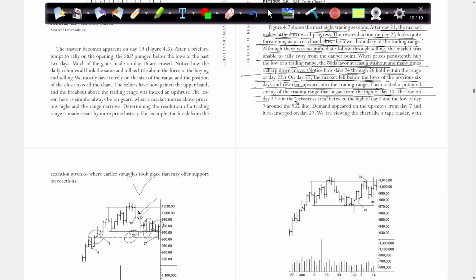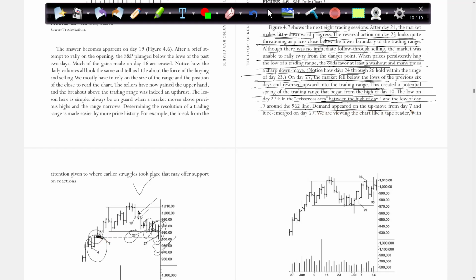The low on day 17 is the crisscross area between the high of day 4 and the low of day 7, around the line 942 here.